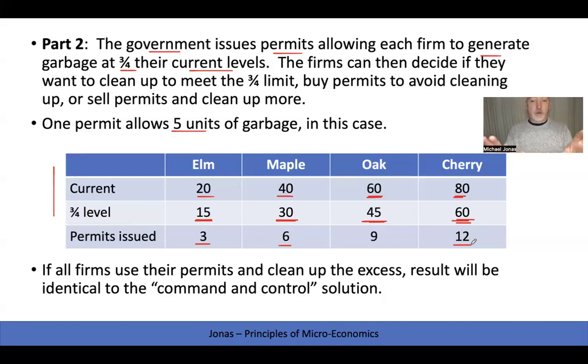Okay, so again, if everybody just stayed here, Oak has 9 permits, it's allowed 45 units, it'll clean up the 25%. It'll be exactly what we calculated in part 1. But what's the fun in that, right? So these are tradable pollution permits. Let's see how these trades are going to shake out.